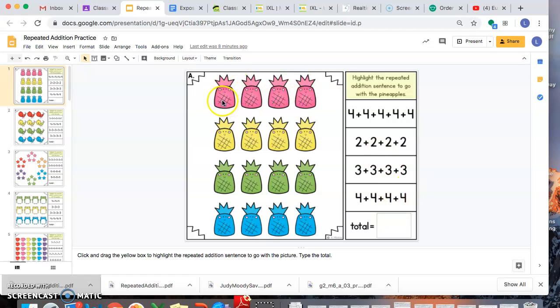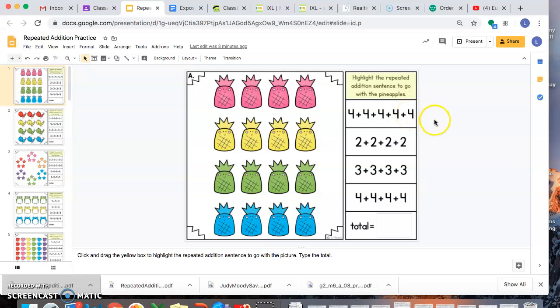We have 4, 4, 4, and 4. Okay, so we have 4 groups of 4. So now I'm going to come over here to my options. Here I have 4 plus 4 plus 4 plus 4 plus 4.